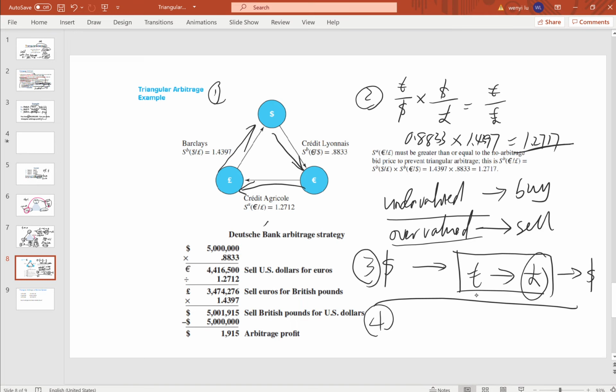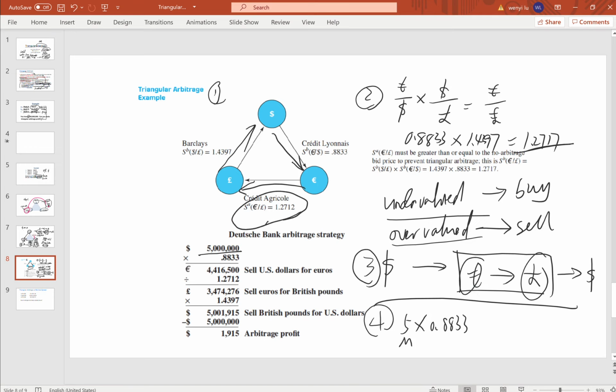So we have what? At the beginning you have $5 million. So $5 million will first get the euro times what? Times 0.8833. You get euros. Then you will sell the euro to buy what? To buy the pound.